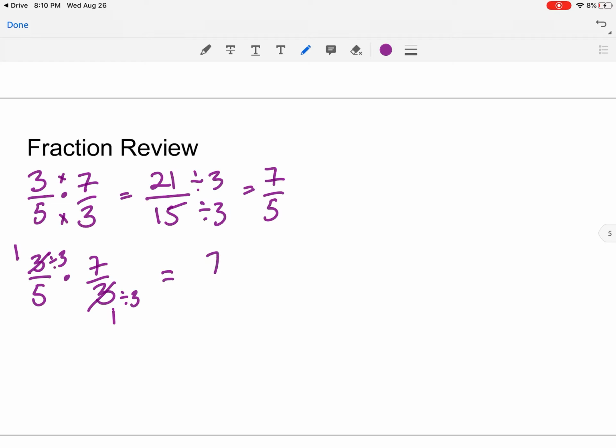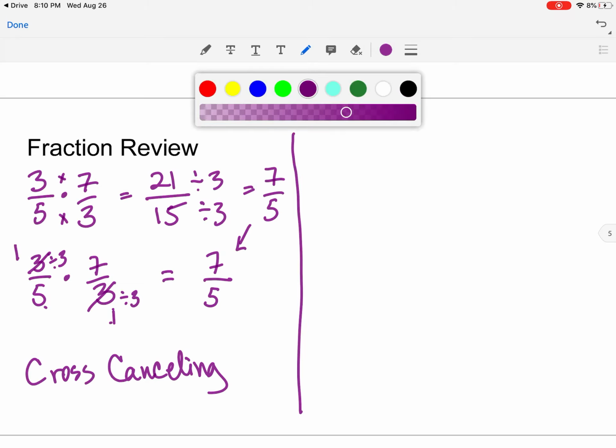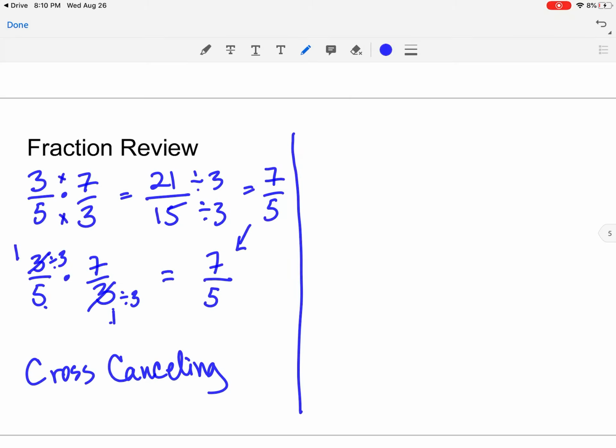Then I can multiply and I get 1 times 7 is 7, 5 times 1 is 5, and I get the same thing, but I didn't have to simplify at the end. It's like I simplified first. So that is cross-canceling. We're going to remember that technique. We're going to use it in the next section. All right, now let's practice.